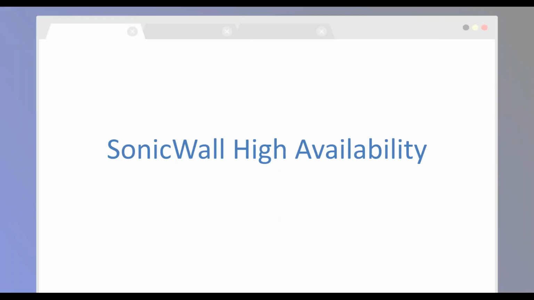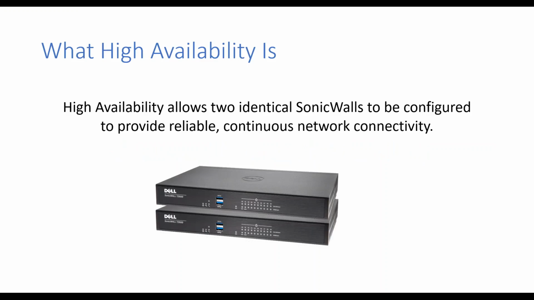Yeah, amen to that. So let's talk about the SonicWall high availability solution. What can you tell me? Yeah, at the basic level, the SonicWall high availability feature, HA for short, allows for two identical SonicWalls to be configured for reliable and continuous network connectivity.